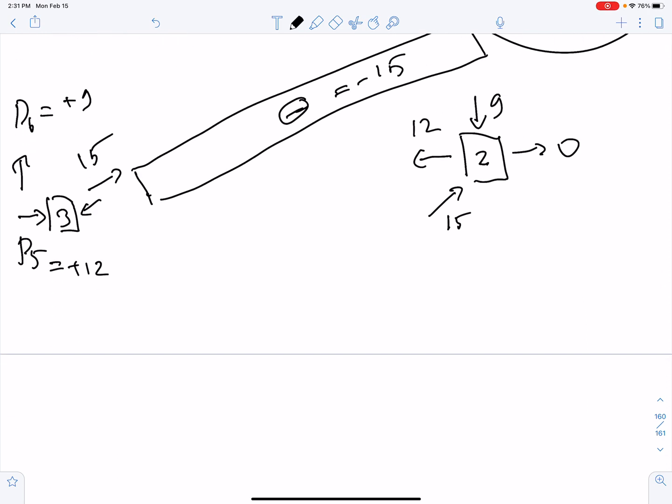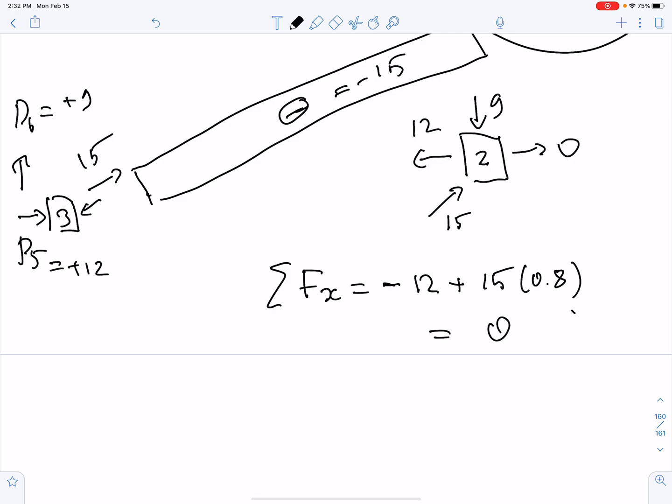Right? So if we look at sum Fx, I get minus 12, right? Plus 15 times the cosine of the angle, which is 0.8, okay, I get exactly 0.